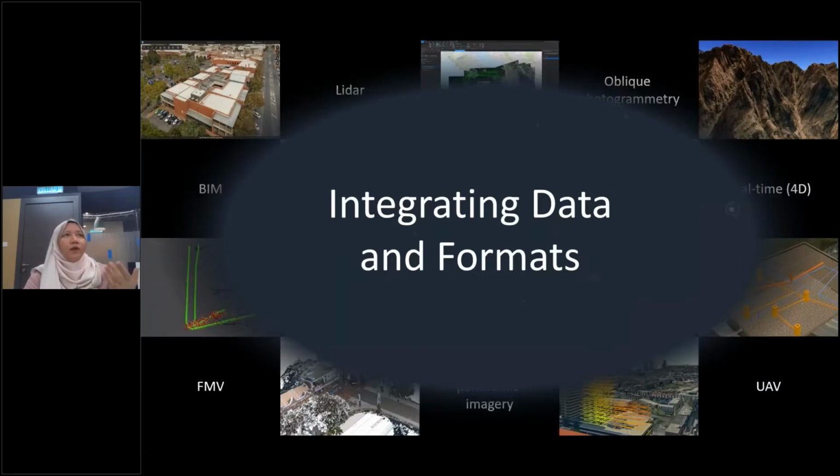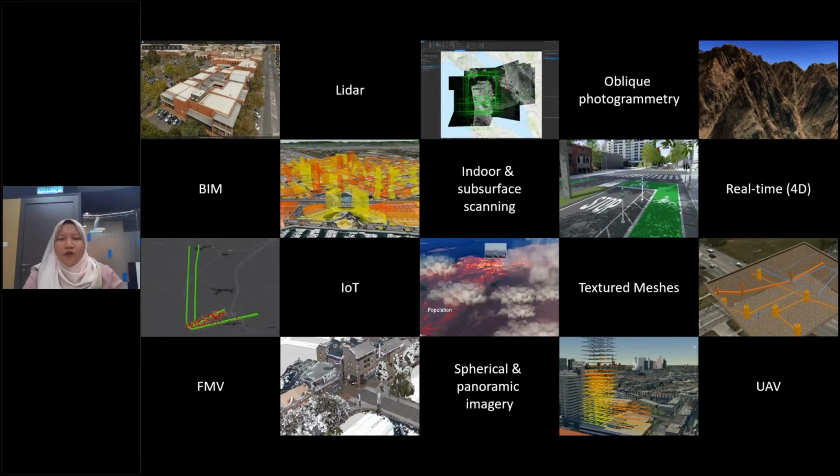Start with LiDAR. LiDAR data is one of the very famous ones. If you work with 3D, you work with LiDAR data. It provides very high accuracy, coming from the drone, truck, backpack, airplane, and even satellite. You can also work with a high resolution global scale mesh created from aerial and satellite imagery.